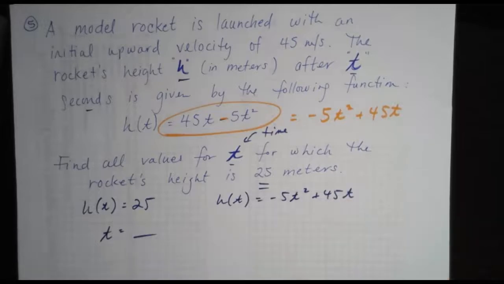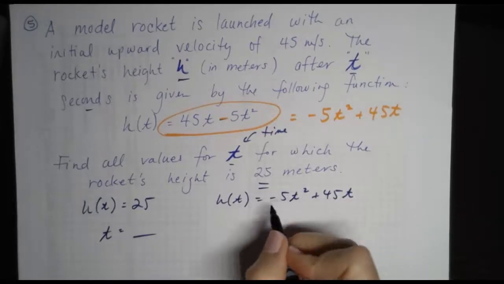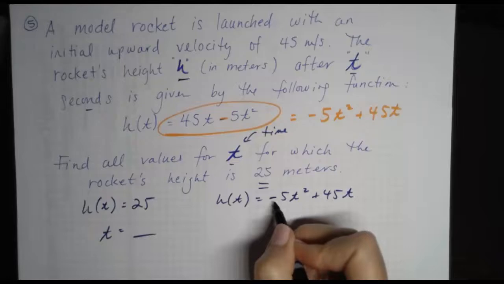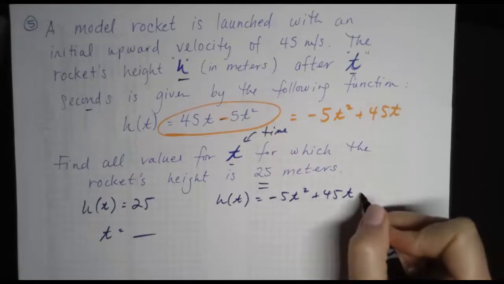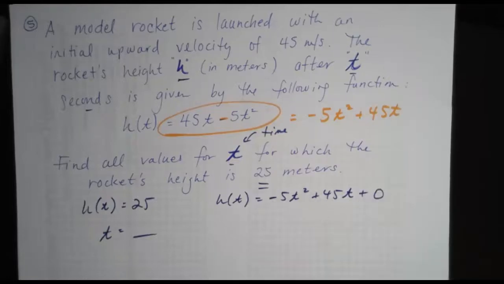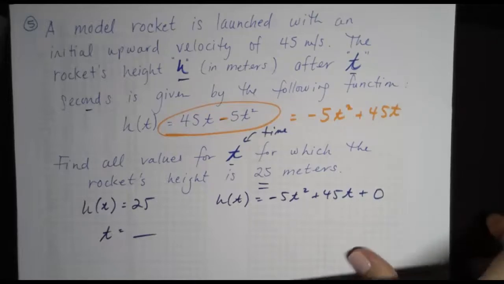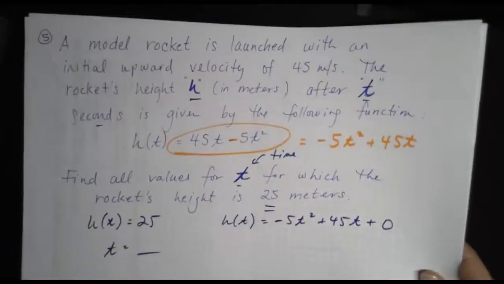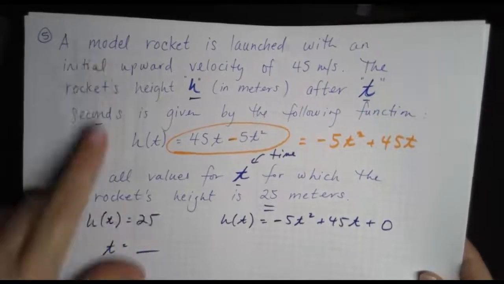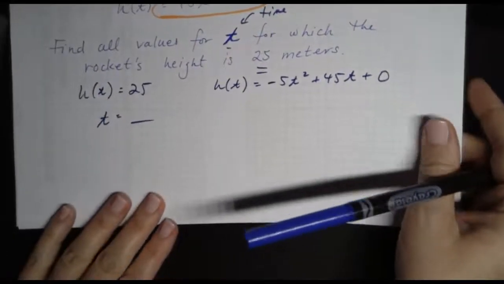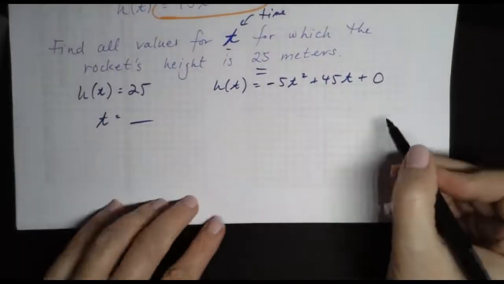And think about what that would look like if we were to graph it. First of all, it would be opening down. And remember, I can put that plus 0 on right over there, and now it is showing us that the y-intercept is at 0. So we're talking about a model rocket, and visualize what the graph of a model rocket launch would look like.